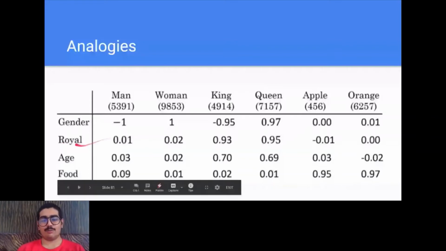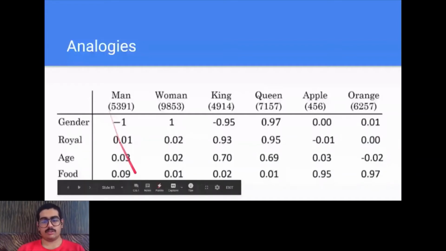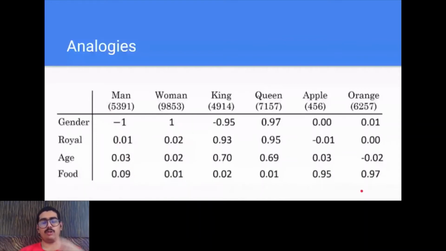King is 0.93 and queen is 0.95. Also apple and orange don't have any gender at all, so it's just 0 and 0.01. But for food, man, woman, king, queen do not have any significance, so it is just 0.95 and 0.97. When I told you about the word's meaning, this is what the Word2Vec model does in deriving the word's meaning.